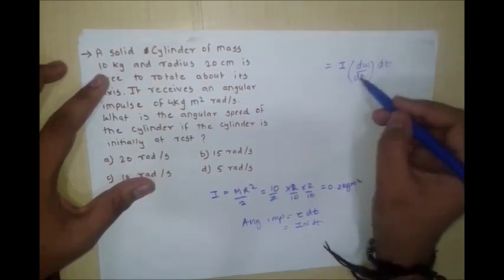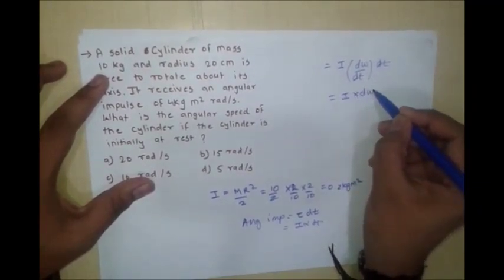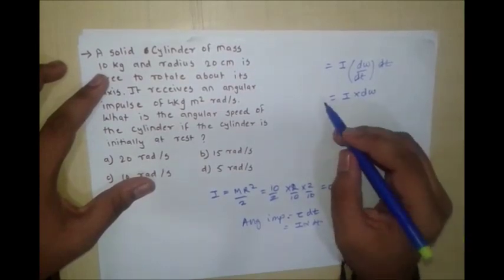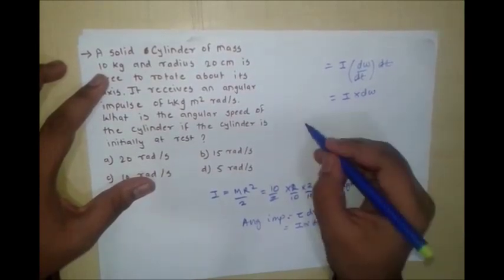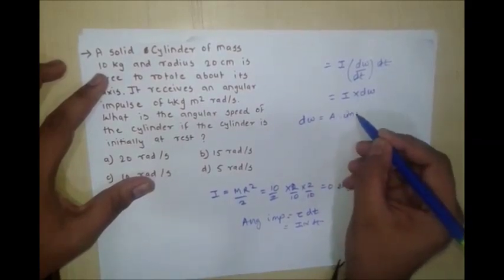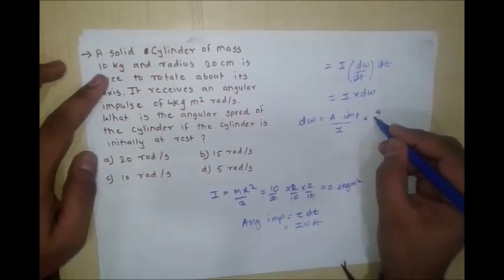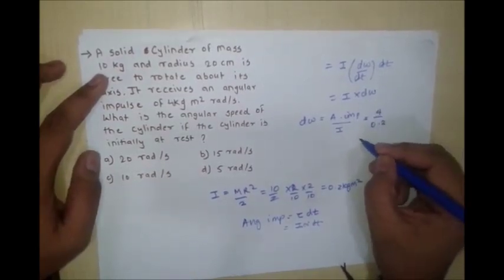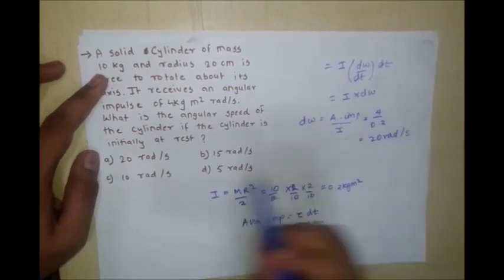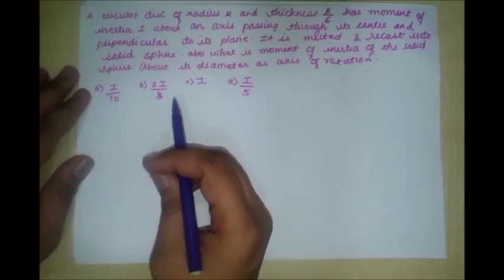So dt gets cancelled. We are left with I into d omega. So d omega is equal to angular impulse upon I, which is equal to 4 upon 0.2, which is equal to 20 radians per second. So option A, 20 radians per second, is the correct answer.